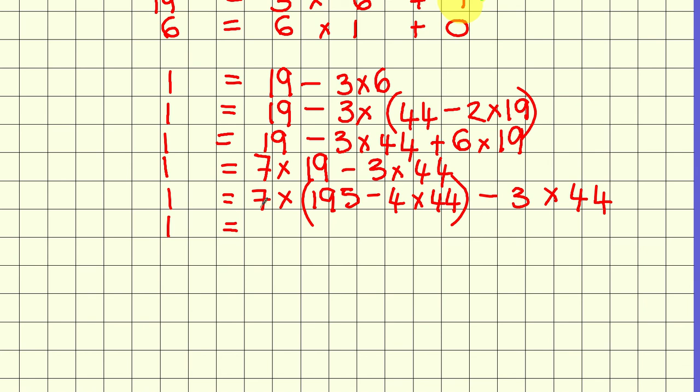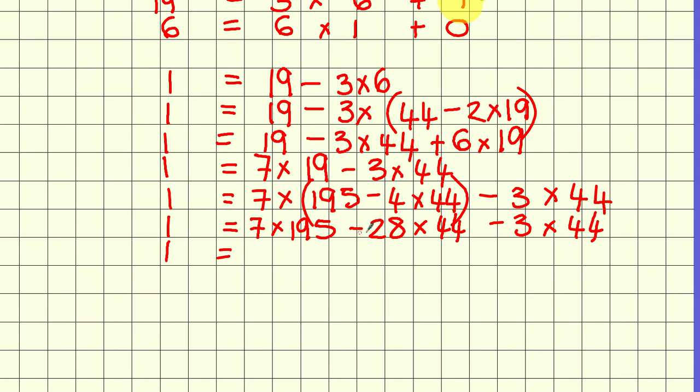Let's multiply these brackets. So I've got 7 lots of 195. Then you're going to have 7 lots of minus 4 lots of 44. So 7 times minus 4 just gives you minus 28 times 44. You've still got your minus 3 times 44 at the end. Let's simplify here so I can see what we've got.